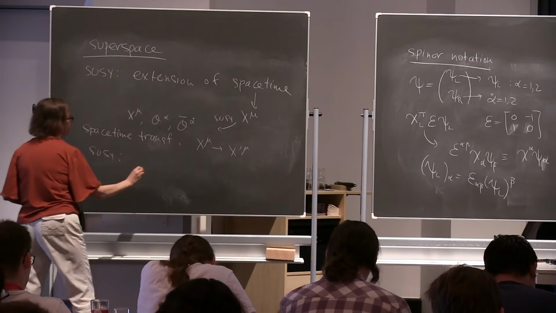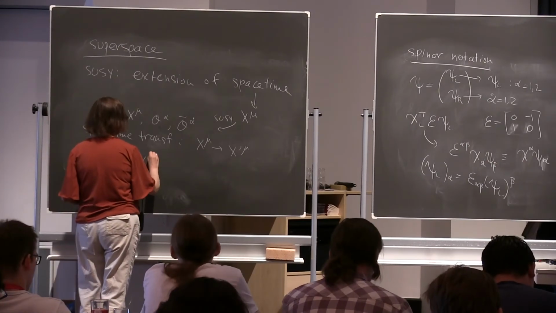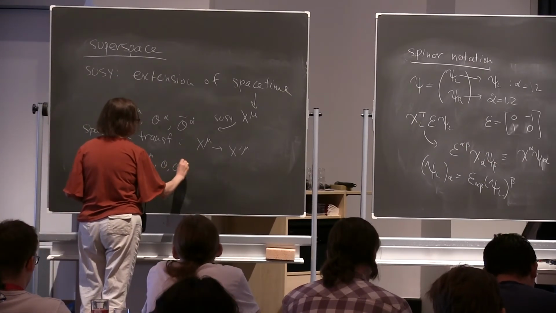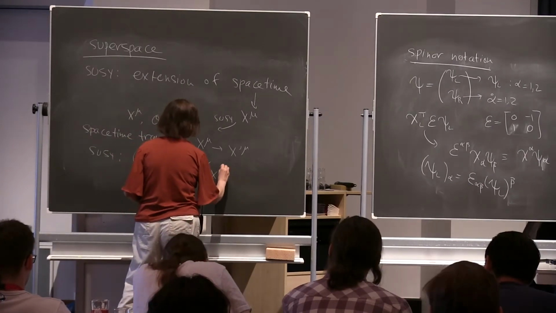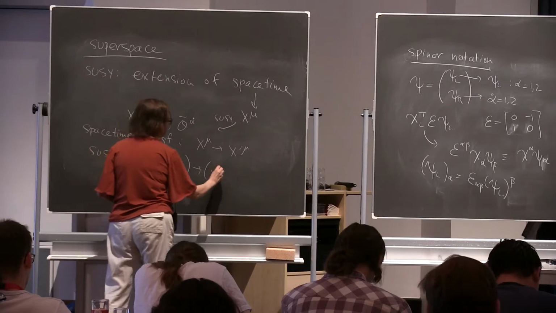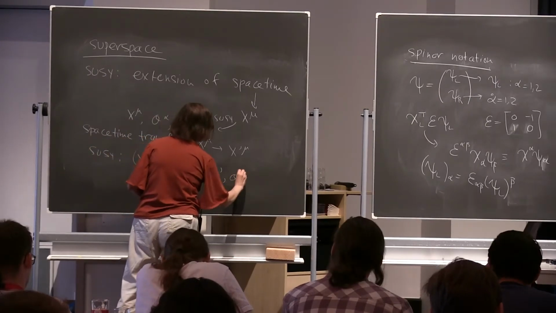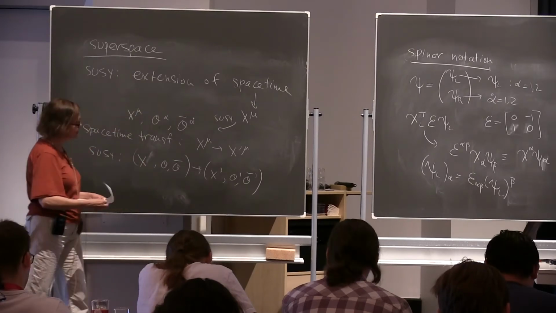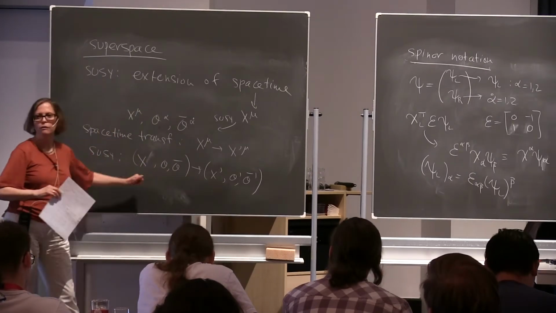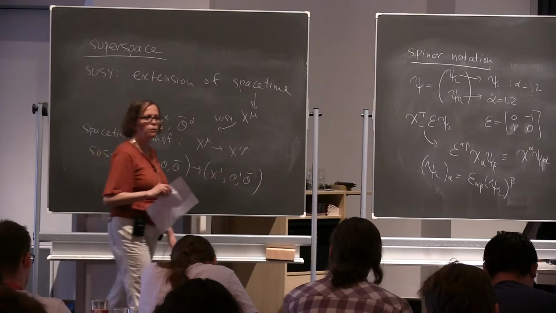For a SUSY transformation, we should have x mu, theta, and theta bar go into some x prime, theta prime, and theta bar prime, where these guys are some mixtures of these guys, just like for the normal coordinates.